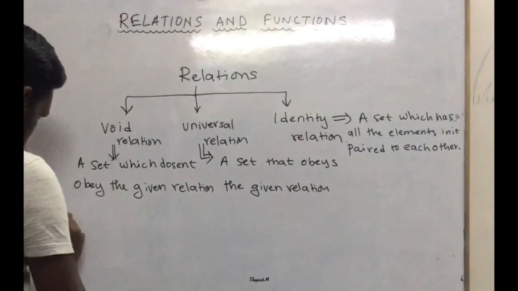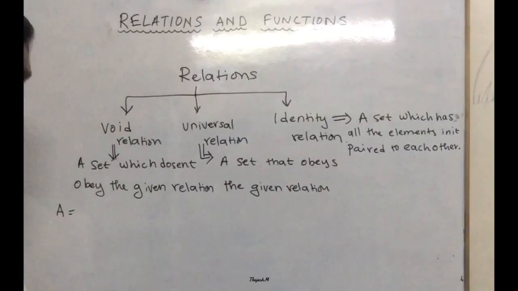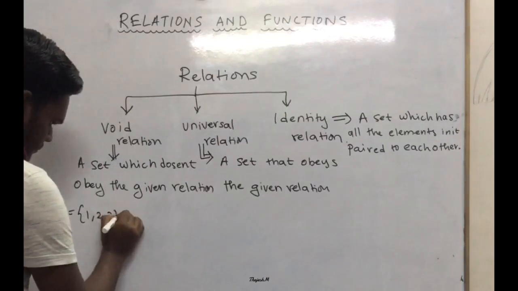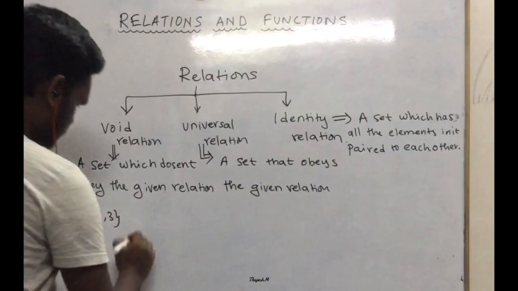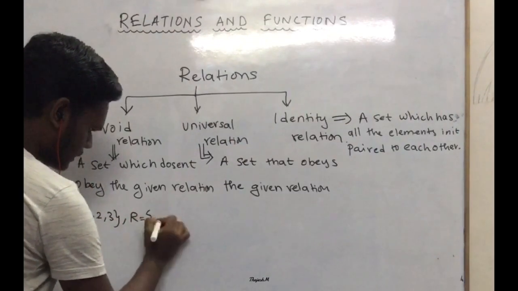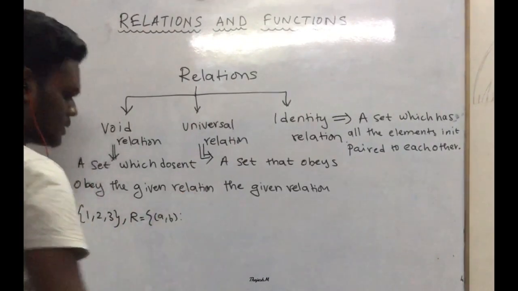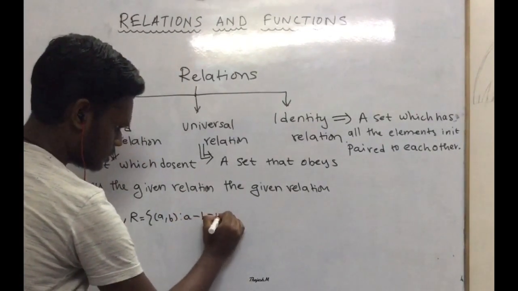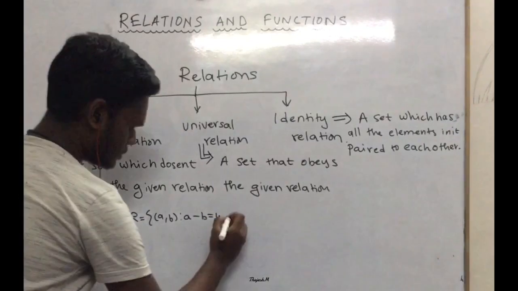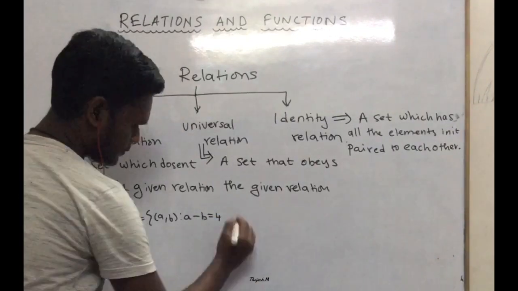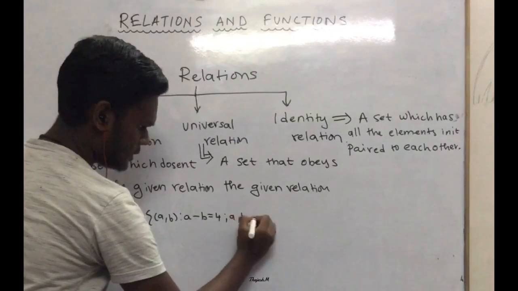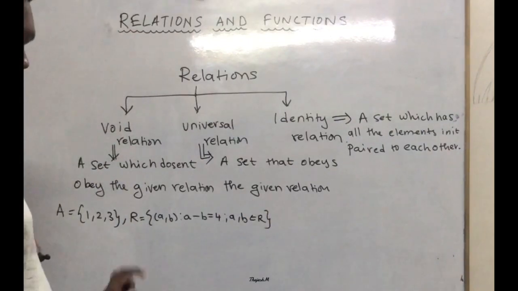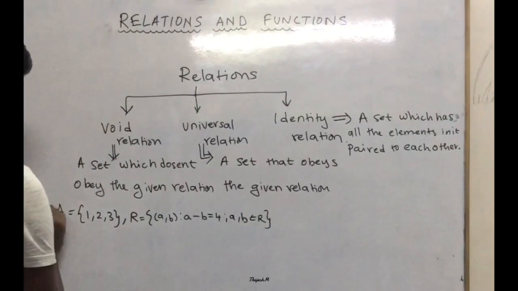So for void relation, let's take a set A is equal to {1, 2, 3}, and I give a relation that (a, b) is such that a minus b is equal to 4 and a, b belongs to R. Okay, so this is my basic question.